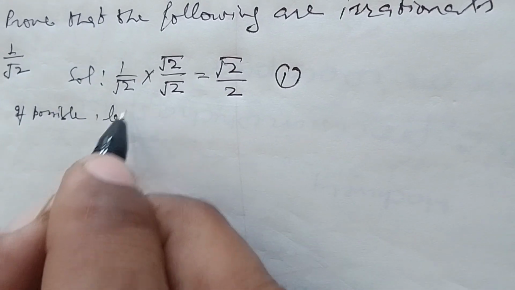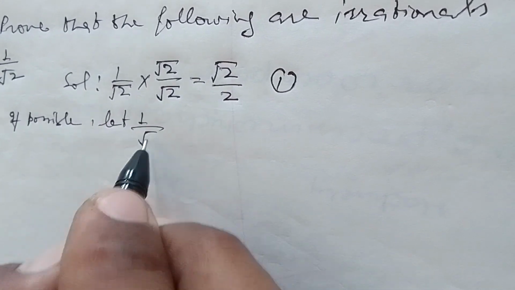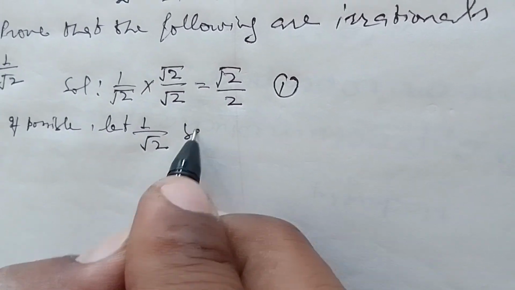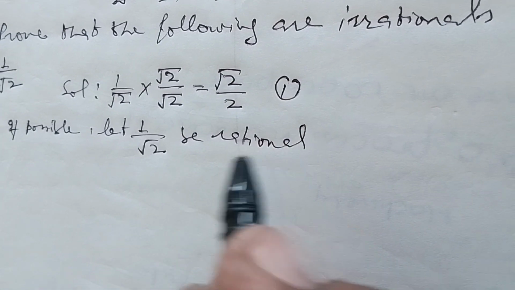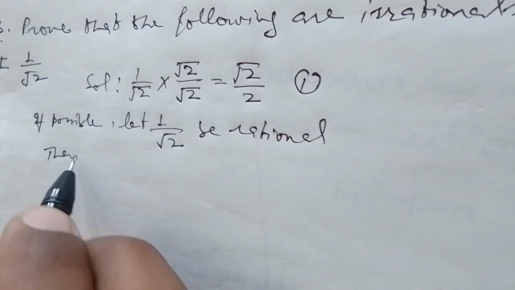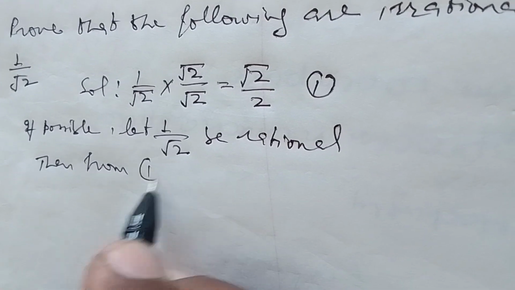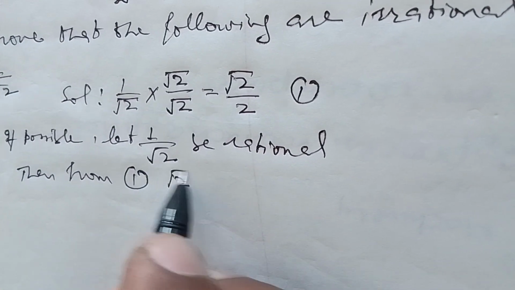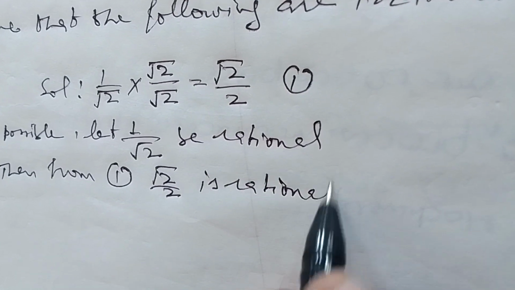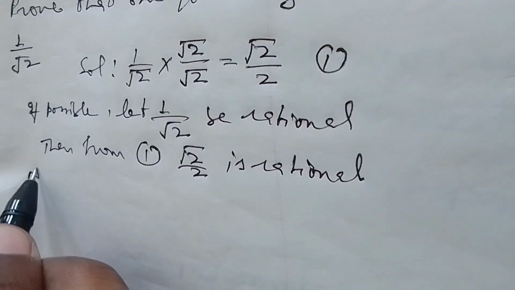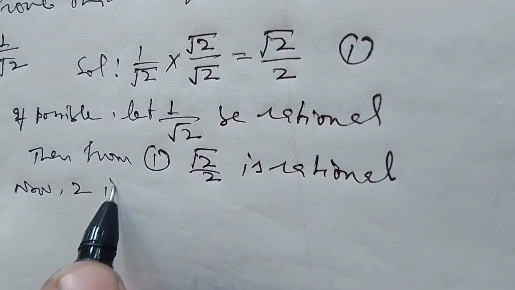If possible, let 1 divided by root 2 be rational. Then from 1, root 2 divided by 2 is rational. Now 2 is rational.